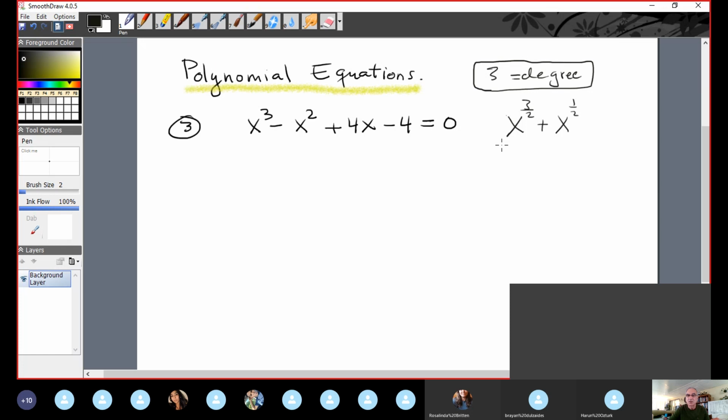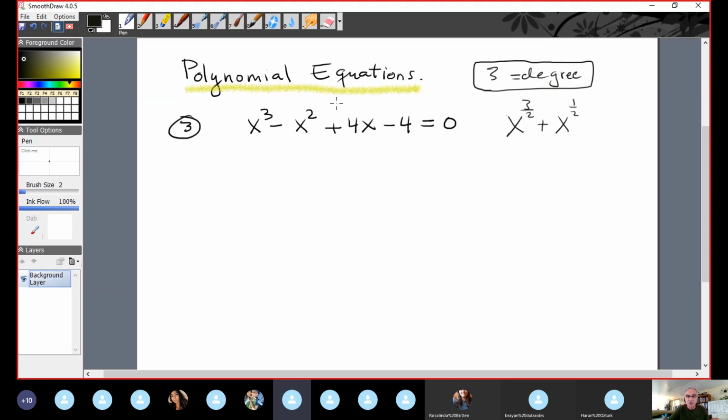Maria Lucia says more than 1 degree. No. Okay. Es polynomial. The reason exactly: it's polynomial because the exponents are whole numbers. Si it's a fraction or a negative number, of course, it's not a polynomial equation.